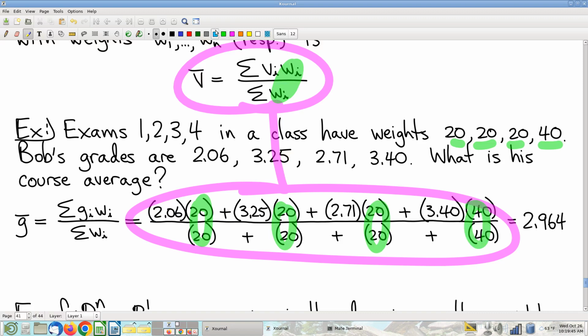And then we've got the numbers to be averaged that are there, and there. I'm just straight up plugging into the formula. A bunch of arithmetic ensues, and out comes the average. Here we got 2.96 something.